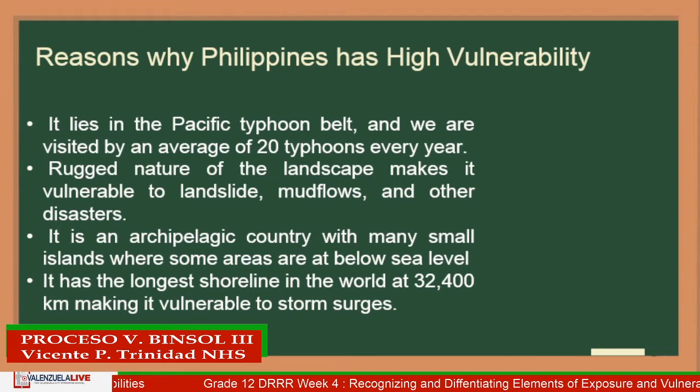Third, it is an archipelagic country with many small islands where some areas are below sea level. Fourth, it has the longest shoreline in the world at about 32,400 kilometers, making it vulnerable to storm surges.